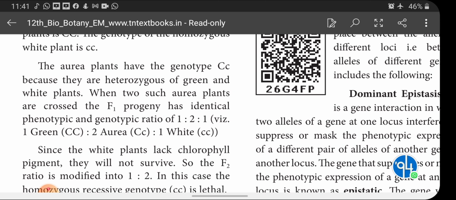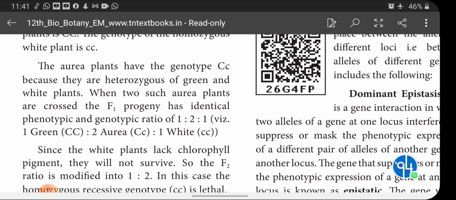So when these Aurea are self-crossed, that is, when two Aurea plants are crossed with each other, as in a usual monohybrid cross, they produce three kinds of genotype: capital C capital C, capital C small c, and small c small c, in the ratio of 1:2:1, right?